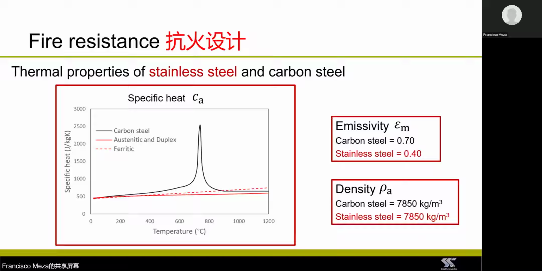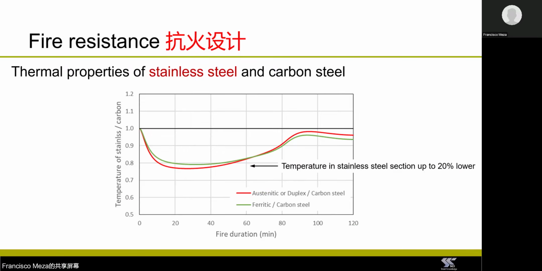Now, if you take into account all these differences between the thermal properties of stainless steel and carbon steel, you will see that under the same fire conditions, the temperature in a stainless steel section will increase at a lower rate than in a carbon steel section. And that is what you can see in this slide.